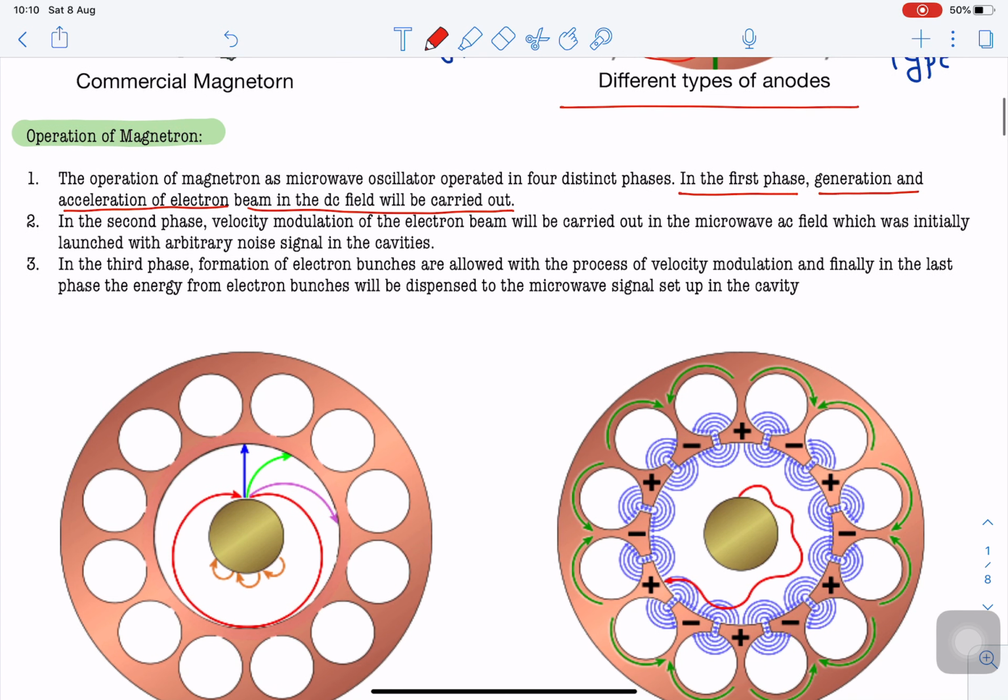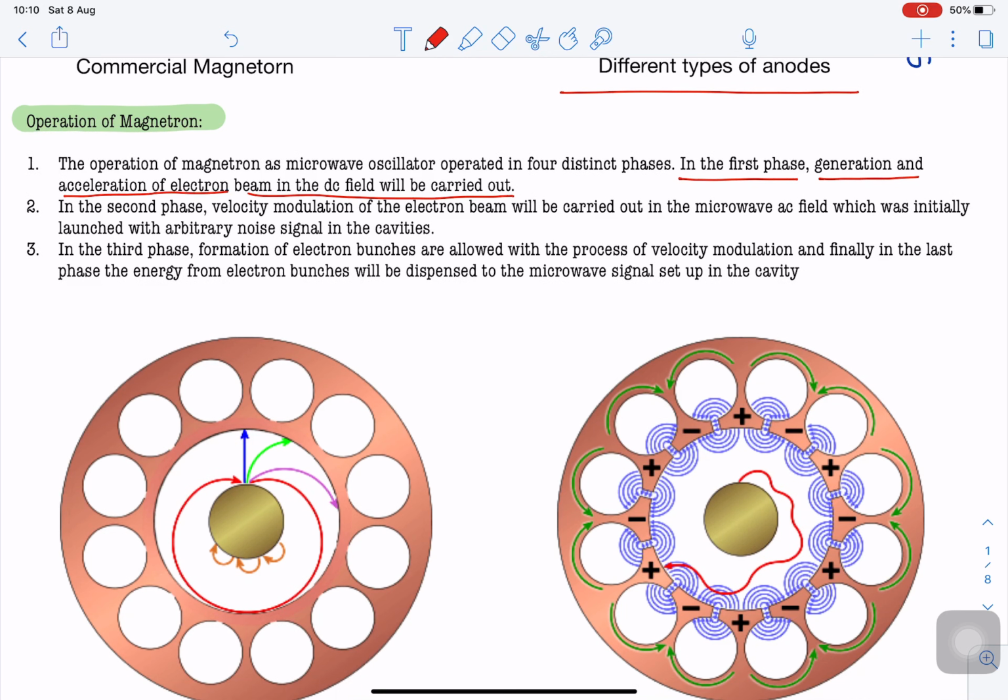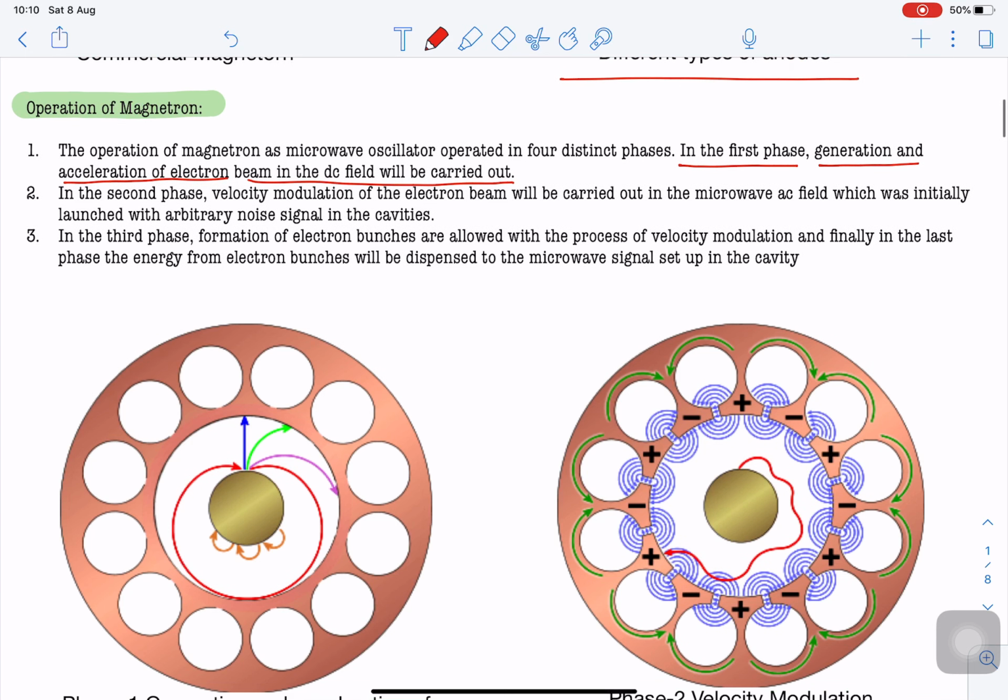We already know how to generate a source of electrons. We should have a cathode, and when that cathode is supplied with a large negative potential, the cathode gets heated up and starts emitting electrons, and thus we get a source of electrons. So in order to generate an electron beam, we need a strong DC electric potential.